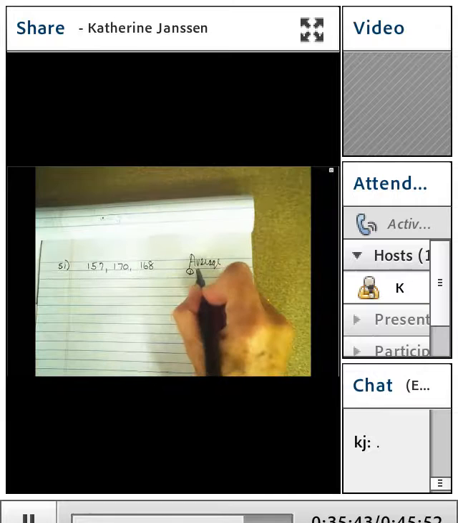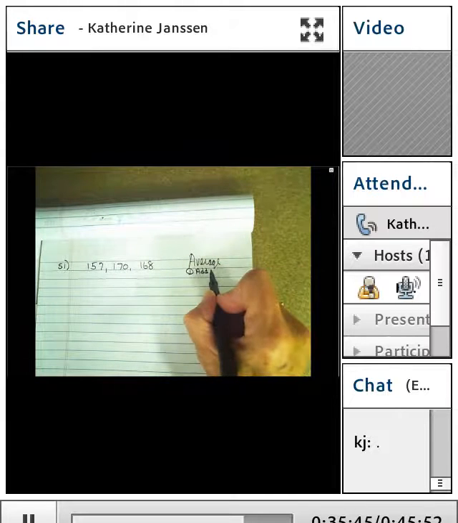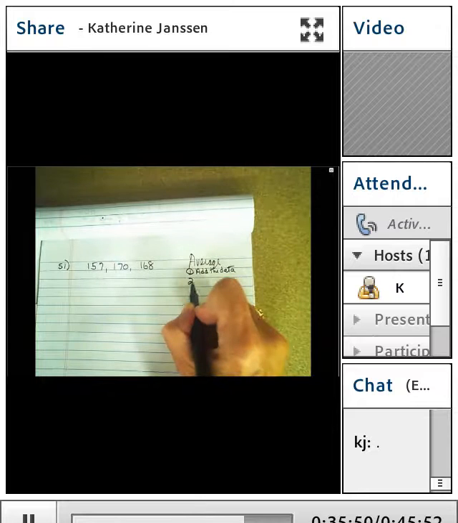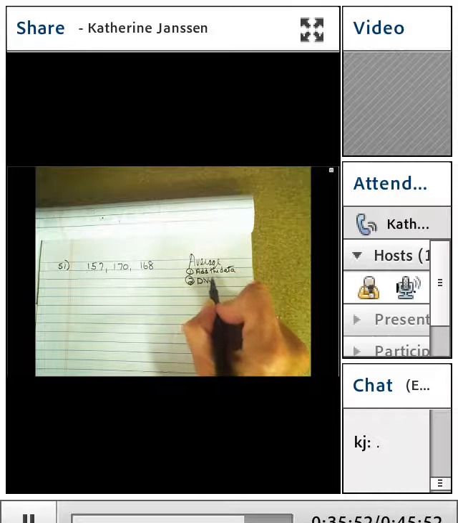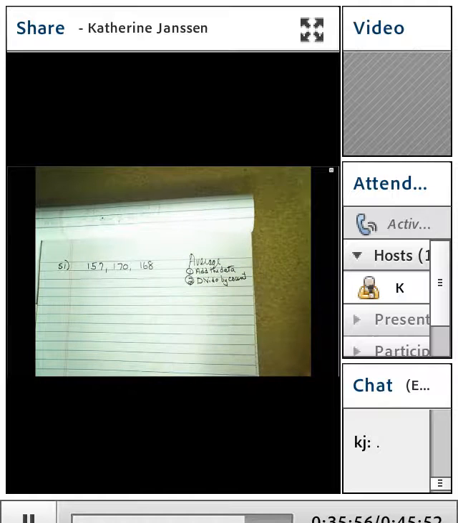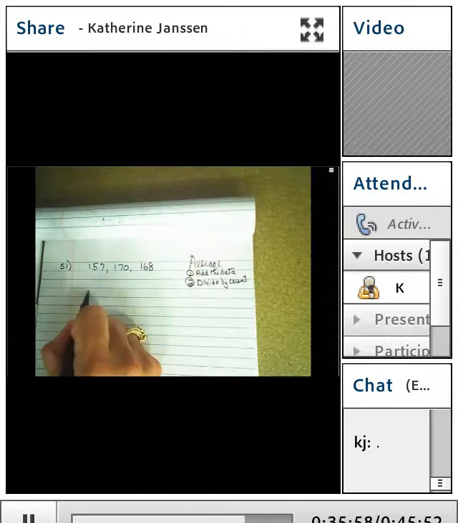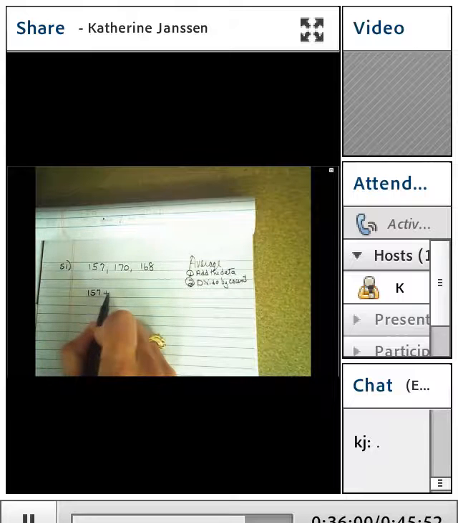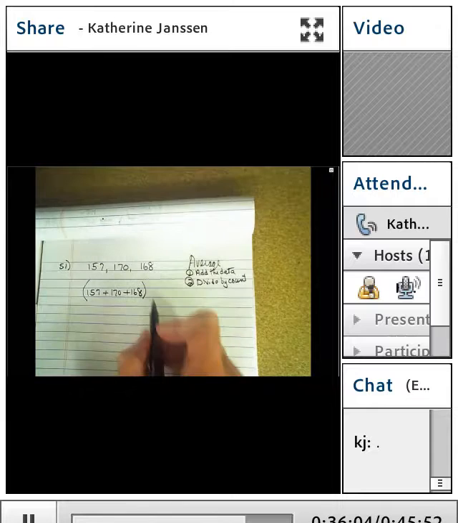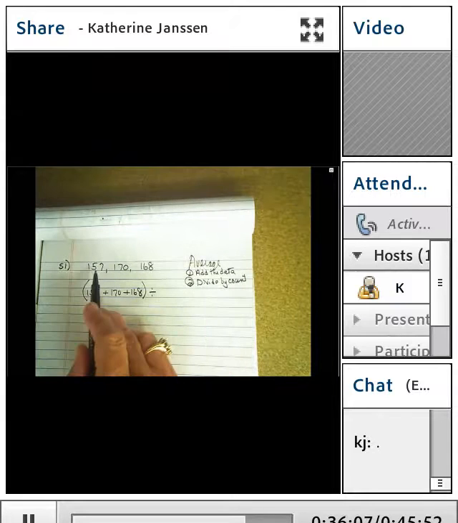We add the data items first, and then we divide that result by the count of the data items. So I'm going to add first, and then divide by the count, 1, 2, 3.